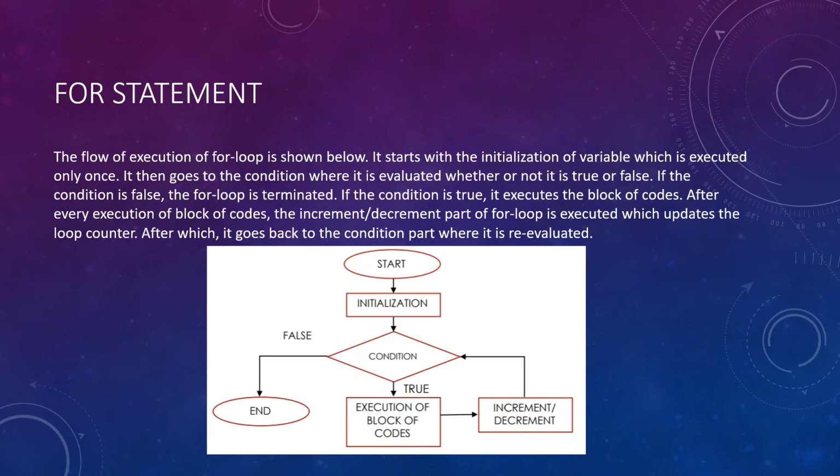If the condition is true, it executes the block of codes. After every execution of the block of codes, the increment or decrement part of the for loop is executed, which updates the loop counter. After which, it goes back to the condition part where it is re-evaluated.